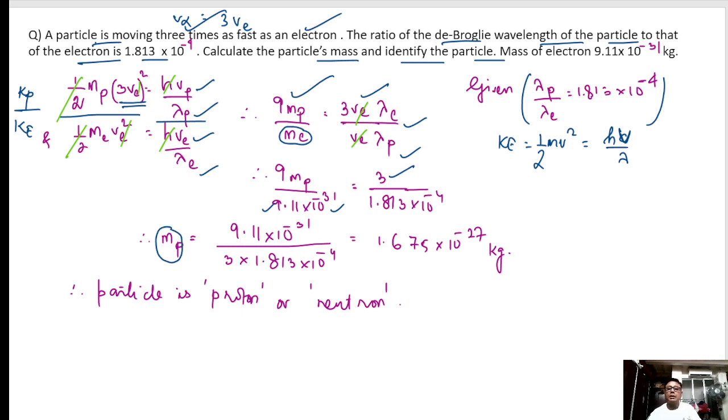This is 3 lambda E by lambda P, and lambda P by lambda E is given to us, so putting this value here, the only unknown is MP, the mass of the particle, which comes out to be this. The value shows that it is a neutron or a proton, because this is the mass of a neutron or a proton.